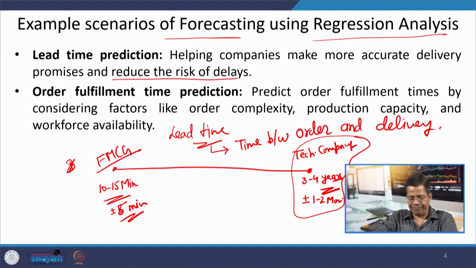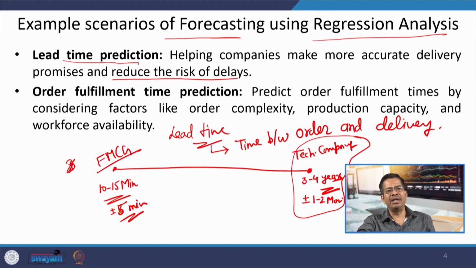One of the very proud companies of India got some order for the international market, and appropriate prediction of lead time even for the supplier is very important, because the supplier has to give some kind of guarantee, some type of commitment to the buyer that I will be delivering in this much time, and that commitment, that guarantee which the supplier is giving, should be based on some kind of analytics.